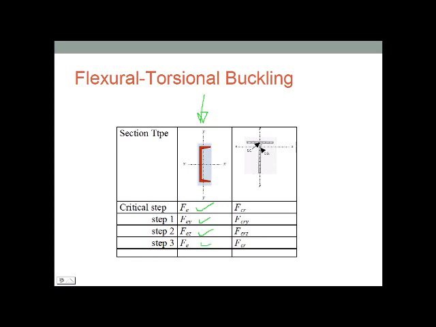And step 3, calculate Fe. For T sections, the critical step is F critical. To calculate F critical, you have to go through 3 steps. Step 1, calculate F critical Y. Step 2, calculate F critical Z. And step 3, calculate F critical.